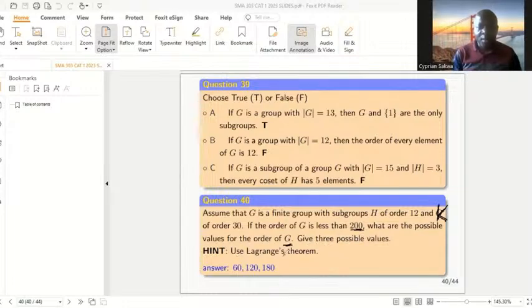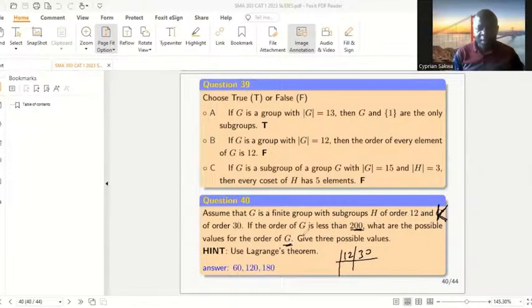I've said to use Lagrange's theorem. What does Lagrange's theorem say? It says that the order of a subgroup must divide the order of the group. And now we have two subgroups. So the easiest way to do this, since we have two subgroups, is to get the GCD of their orders.